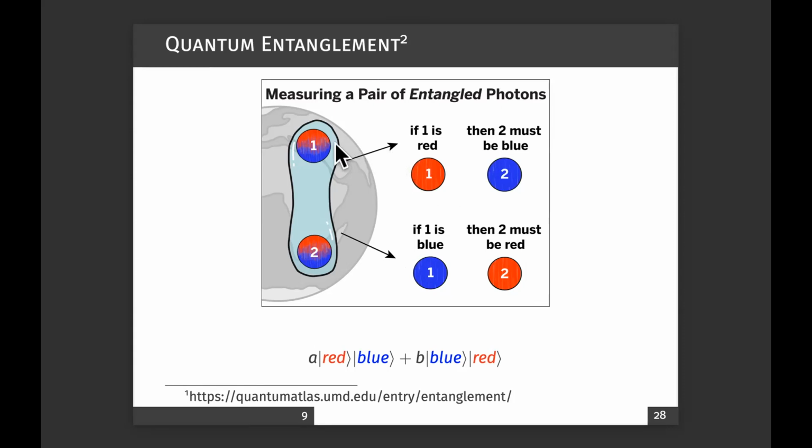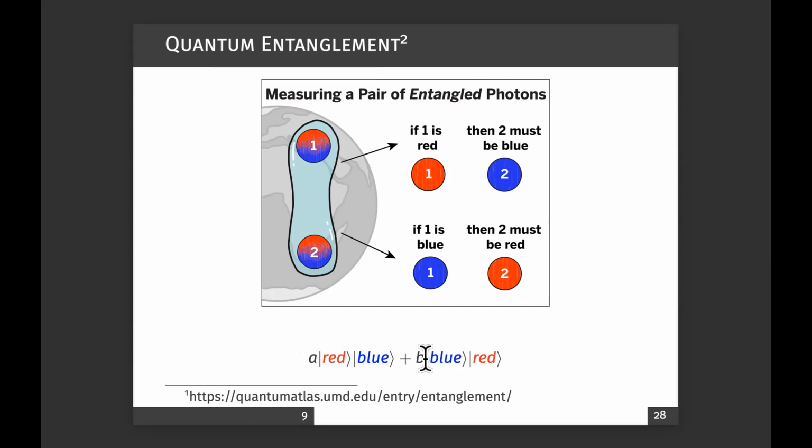For example, in this one here, if one is red, then two must be blue. This is the mathematical representation of that superposition, where the probability of having a red-blue combination is the square of A, and the probability of having a blue-red combination is the square of B.